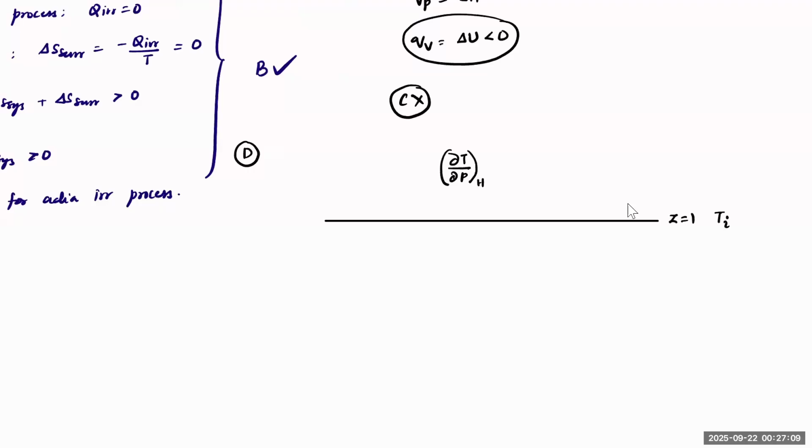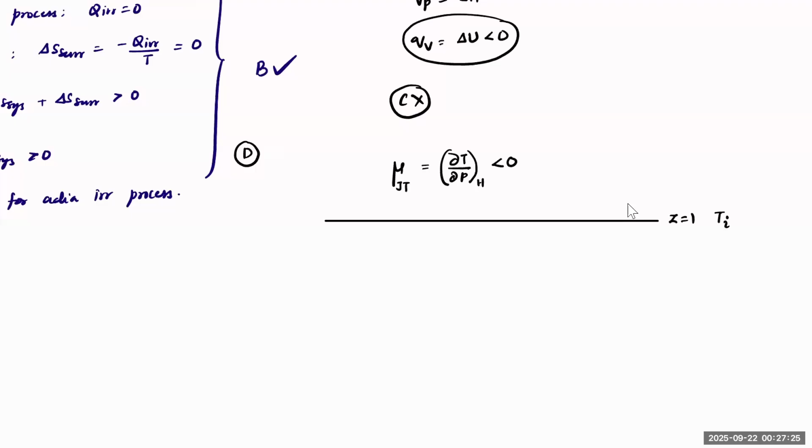That is what is defined as the Joule-Thomson coefficient, mu of JT. This coefficient will be negative on expansion.